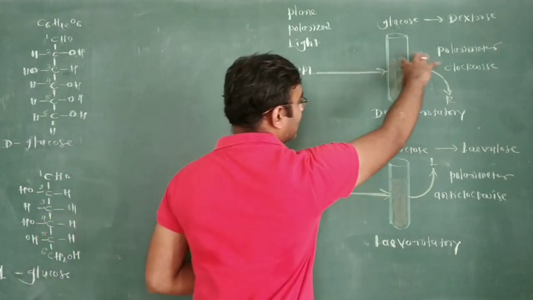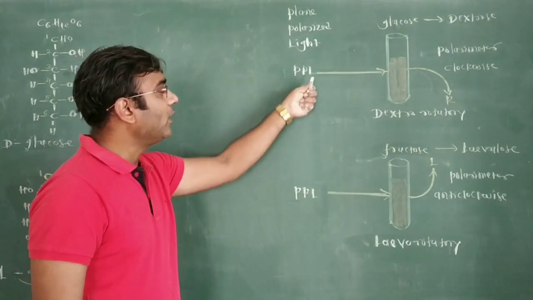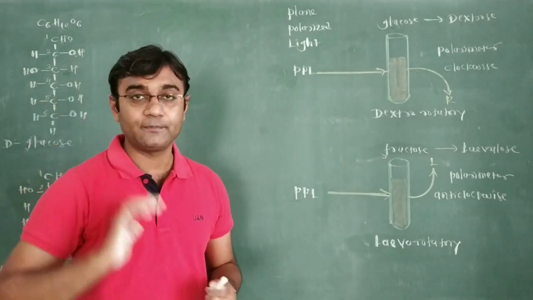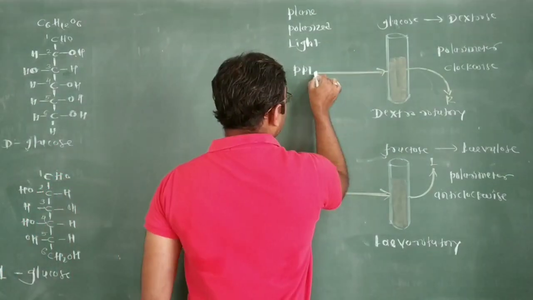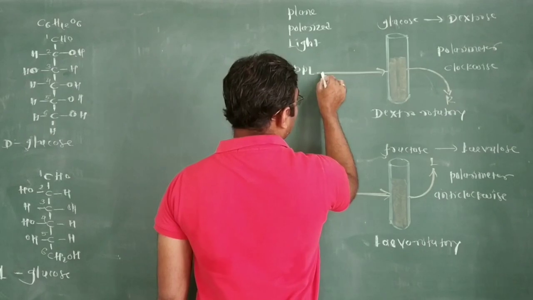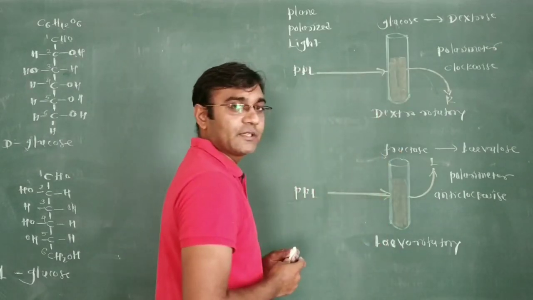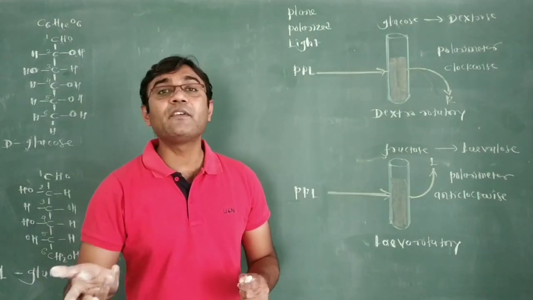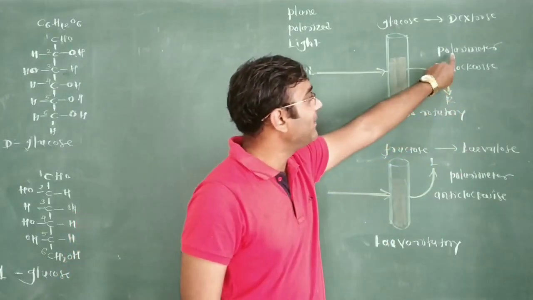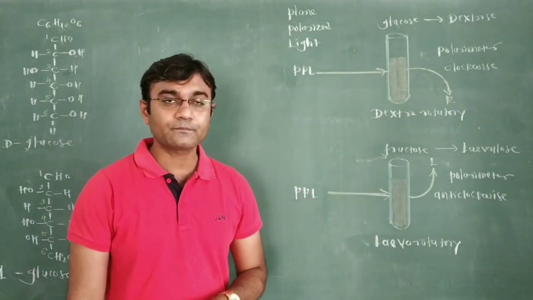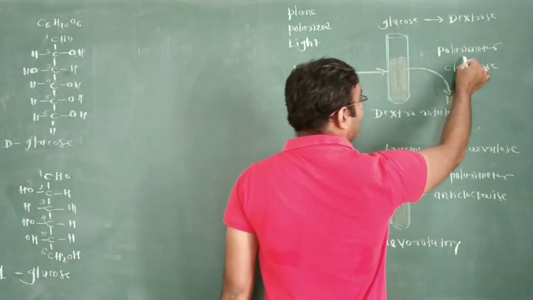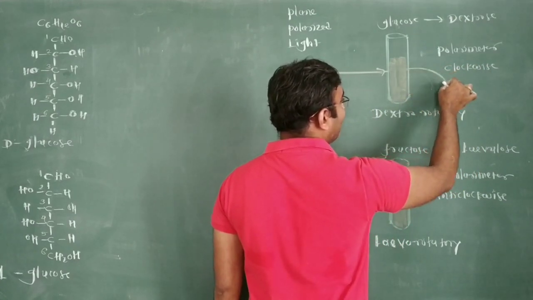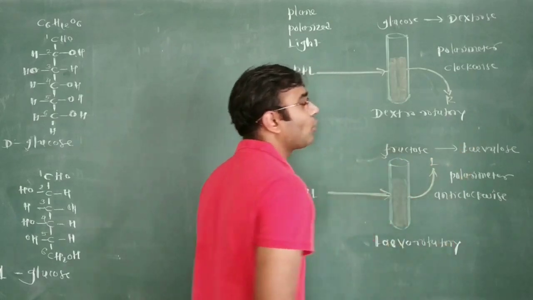Then we pass plane polarized light through both solutions, meaning light whose rays are in only one direction. When we pass plane polarized light through the glucose solution, the direction in which the light bends can be measured with a polarimeter. The polarimeter indicates that after passing through the glucose solution, the light bends towards the right, the clockwise direction.